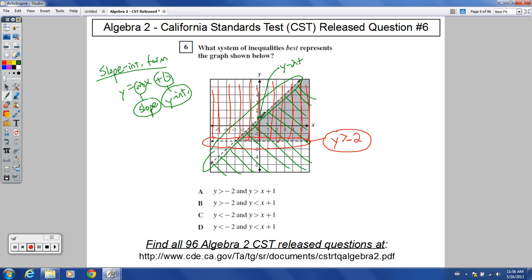It crosses at positive 1. So the y-intercept is 1, and what's the slope? You go up 1, and you go right 1, and you have another point. That pattern continues, up 1, right 1. So here the slope is going to be, that's intercept, yikes. The slope of this is just 1 over 1, which equals 1.